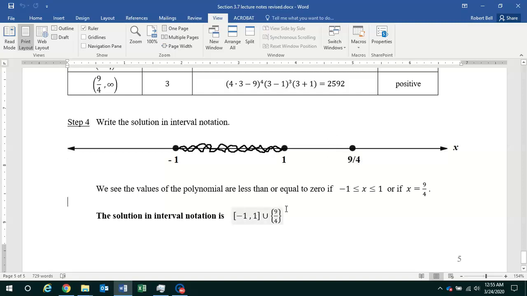So we join that one number to this interval of numbers from −1 to 1 using set brackets. These are set brackets with a single number 9/4 in it. So this is a set with just one number in it, 9/4. And so in interval notation, our solution set is [−1, 1] union {9/4}, the number 9/4 in set brackets.